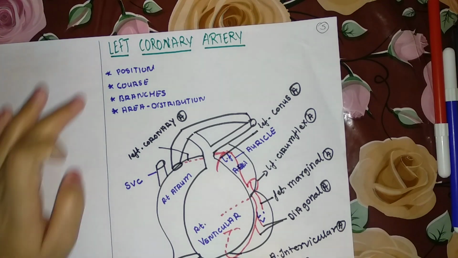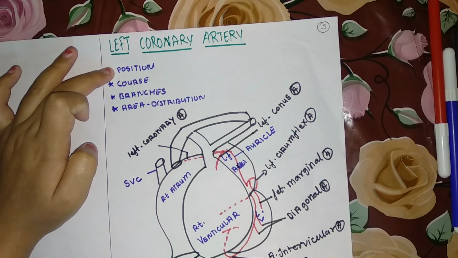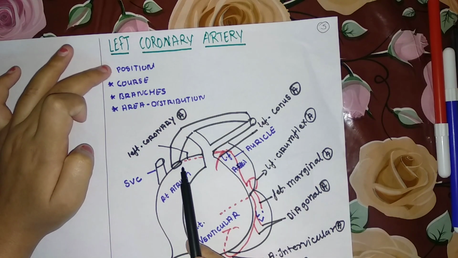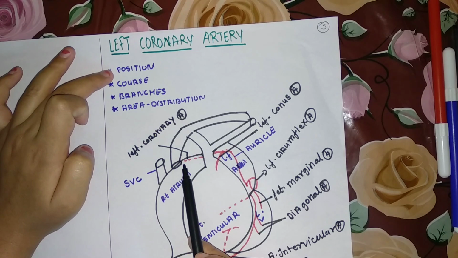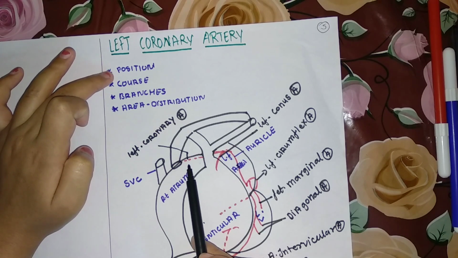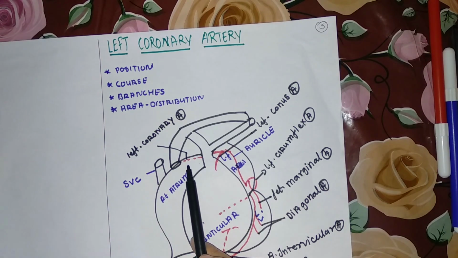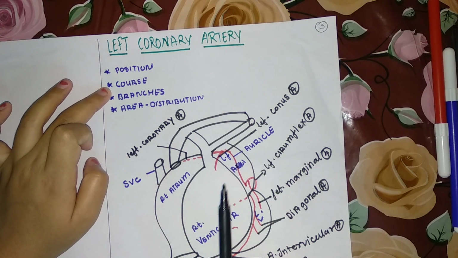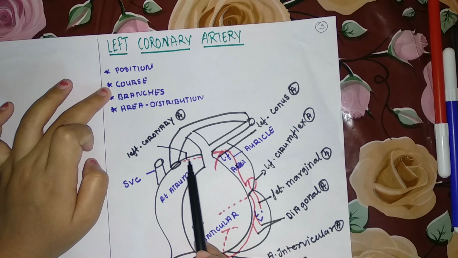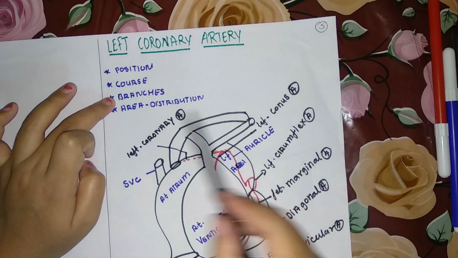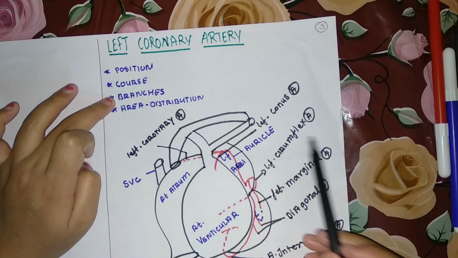So this is the position, the left and posterior side of the aortic sinus. Then the courses we have talked about, how it goes down and gives branches. The branches are what I have written in black.